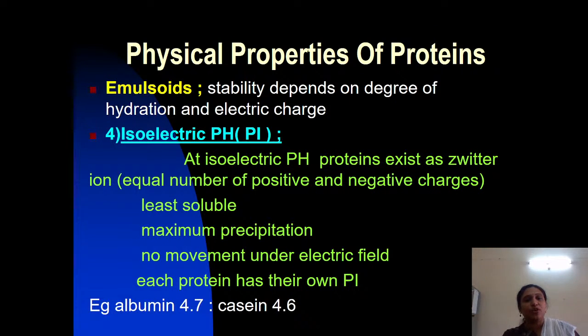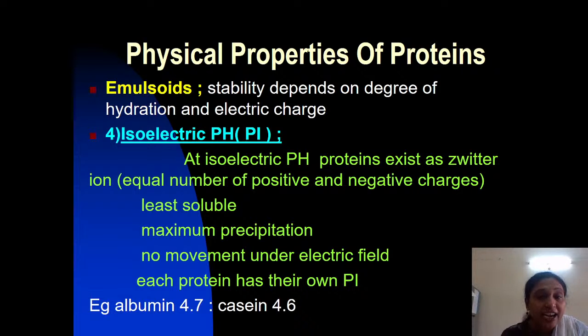Among the other physical properties is isoelectric pH, and we know that proteins are charged molecules. At physiological pH, that is in biological fluids at 7.4, proteins carry either positive or negative charge. Because of that charge, there is unequal distribution of the ions across the cell membrane, that is known as Donnan membrane equilibrium.